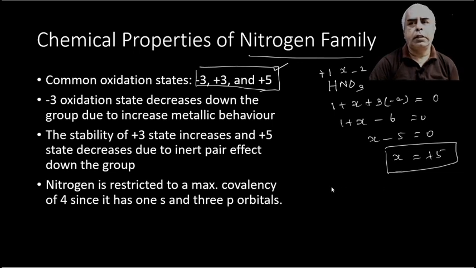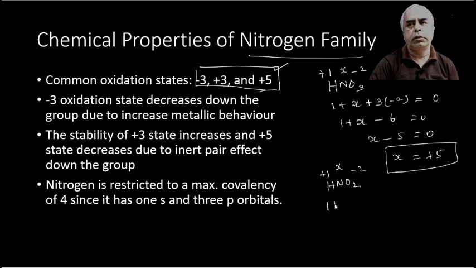Let us consider HNO2, that is nitrous acid. Here, let us find out the oxidation state of nitrogen. For hydrogen it is +1, for oxygen it's -2. The compound is neutral, so its oxidation state is 0.